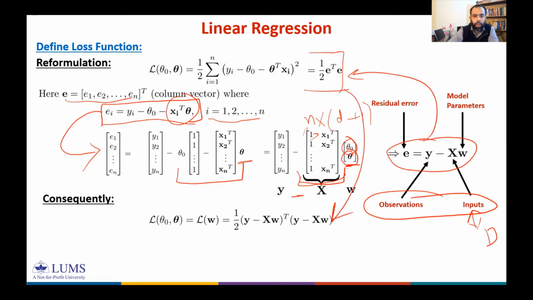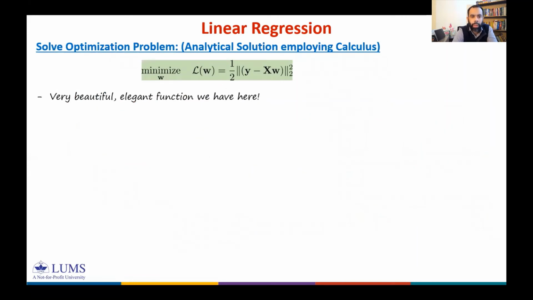If you see, this is nothing but just the square of the norm of the vector y minus xw, or error. So with this formulation, our optimization problem becomes this: you want to find W for which the loss function that depends on W is minimized, and that is simply given by half the norm of y minus xw squared, Euclidean norm squared, to be very precise.